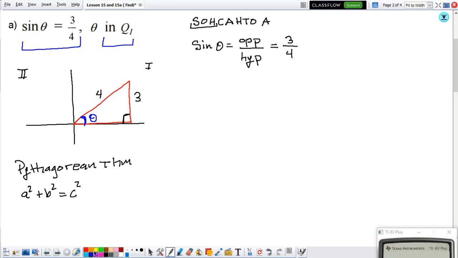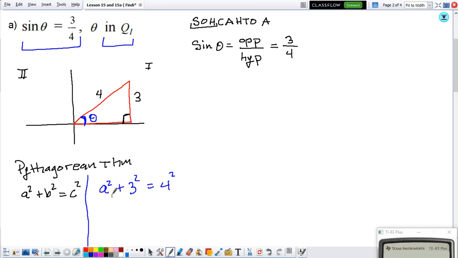So let's use it now. A squared, that's the adjacent, which we don't know, plus the opposite squared, which is 3 squared, equals the hypotenuse squared, which is 4 squared.